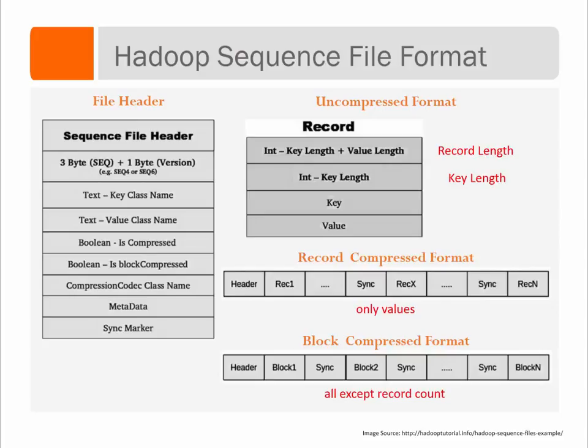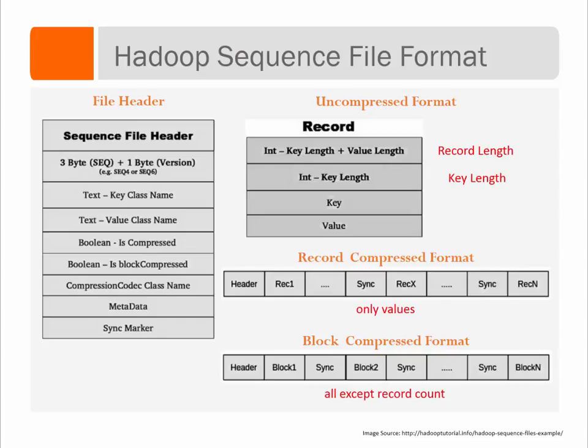Record compressed format, so you'll see that file header is on the left. Then you'll have the first record, and then a sync, then the next record, and then a sync, etc., through n records. So basically, with record compressed format, you only have the values.